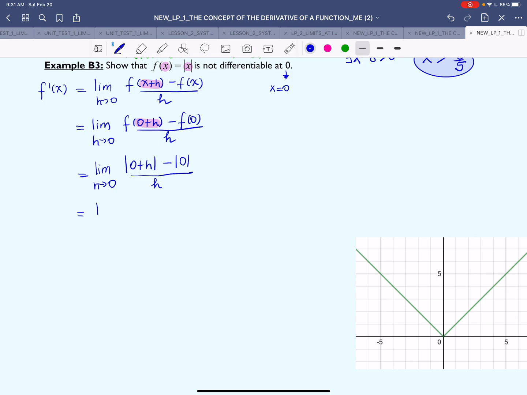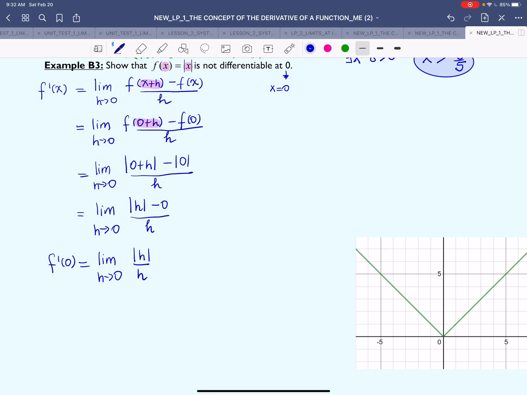So this will turn into the limit as h approaches 0, absolute value of h minus 0 over h. Or even better, we're going to say that f prime at 0 equals the limit as h approaches 0 of absolute value of h over h.